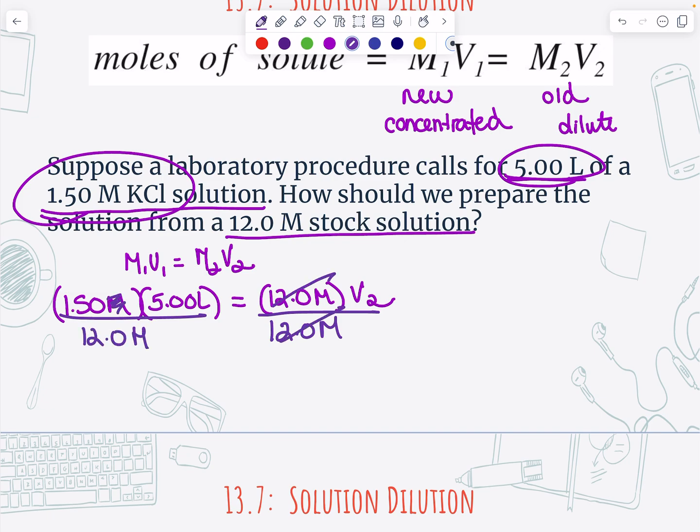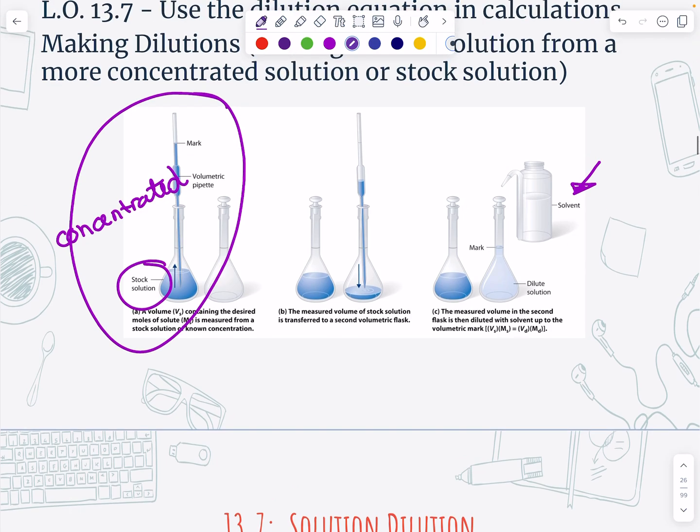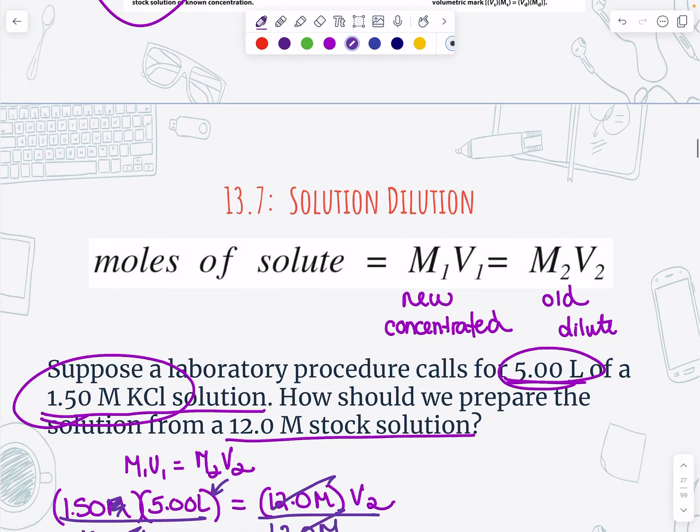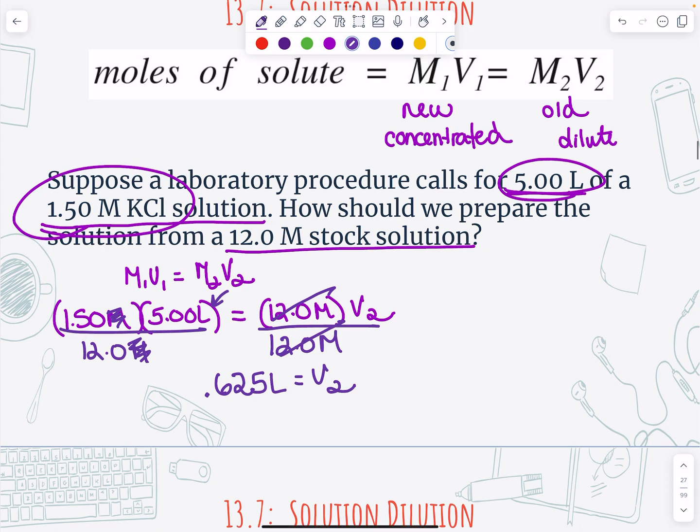And I notice that the molarity units cancel out on the left-hand side. The only unit that is left is liters. So my calculations tell me that I will need 0.625 liters of the concentrated solution. I'll need to take this 0.625 liters of the concentrated solution, put it in a volumetric flask, and then add enough water to make 5 liters of solution.